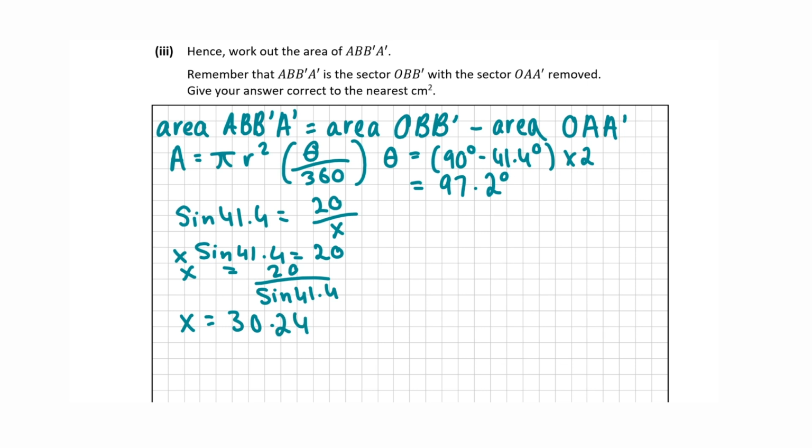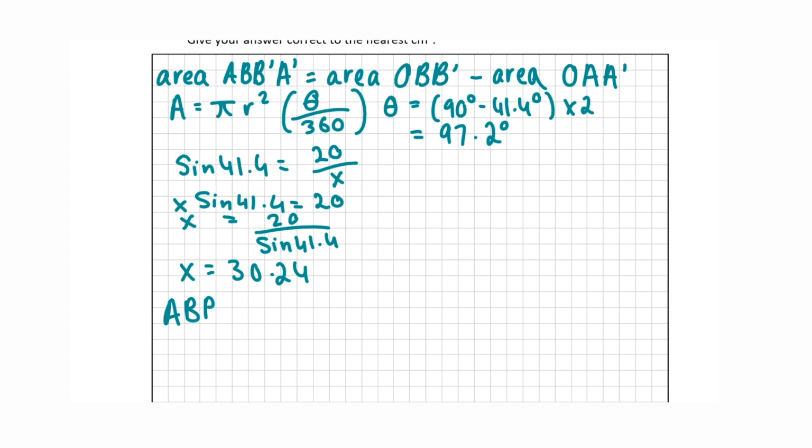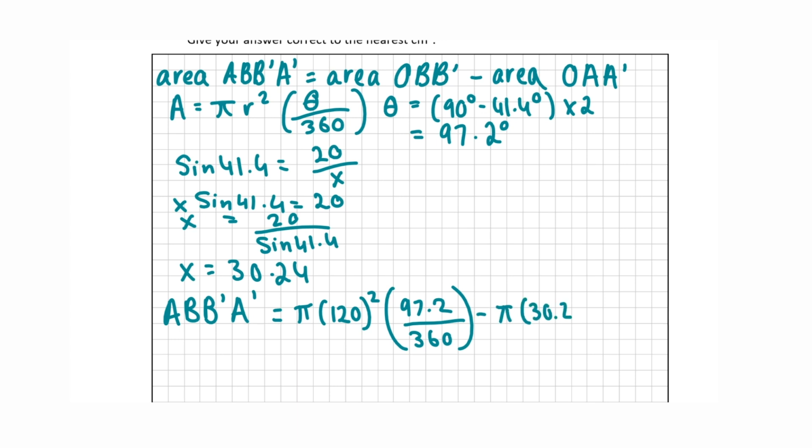So now we have all of our values, we can go ahead and sub into our formula. So the area AB, B'A' is going to be the area of OBB', which is going to be pi r squared theta all over 360, where r is our radius, which is going to be 120. So we find theta to be 97.2 all over 360, minus our area OAA'. So that's going to be pi. We find our radius to be 30.24 squared, theta all over 360.